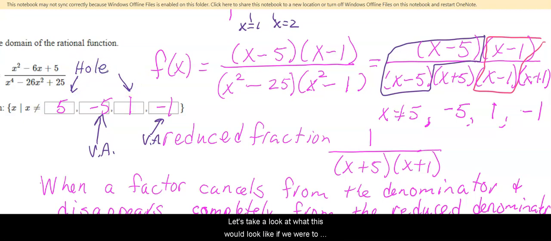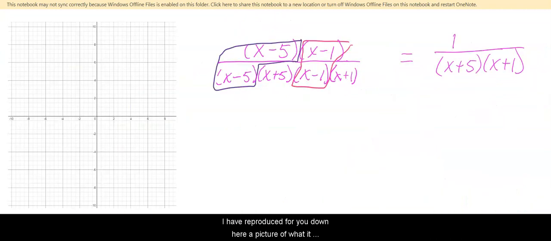Let's take a look at what this would look like if we were to actually try to graph it. I have reproduced for you down here a picture of what it looks like from the original unreduced fraction in its factored form to the reduced fraction.